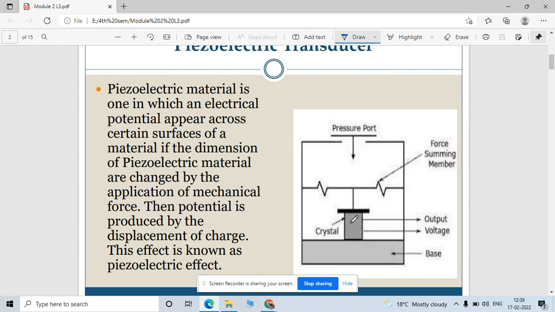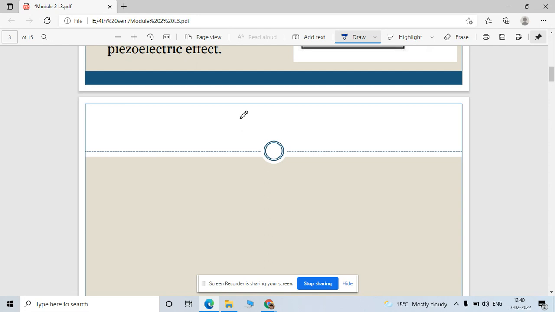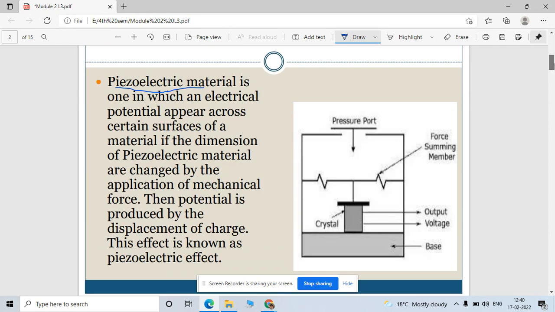It means it generates a potential across it. This material is available in two types: first is natural and second is synthetic.